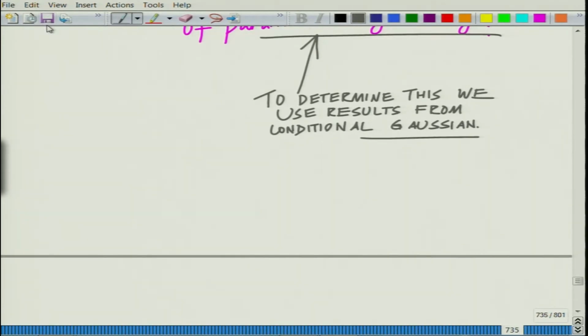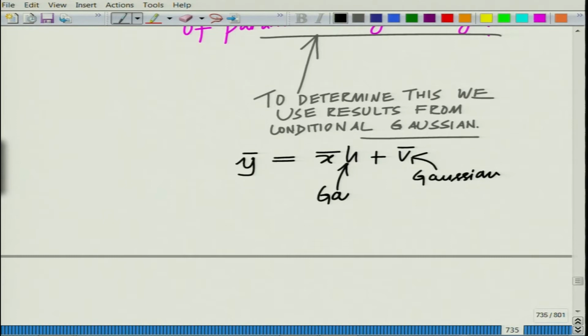So, let us look at this. Go back to our model y bar equals x bar h plus v bar, where h is Gaussian and v bar is Gaussian. And therefore, what we have is a linear combination of Gaussian random variables. So you can see y bar, the observation vector, is essentially a linear combination of two Gaussian random variables, that is the parameter h and the noise vector v bar.